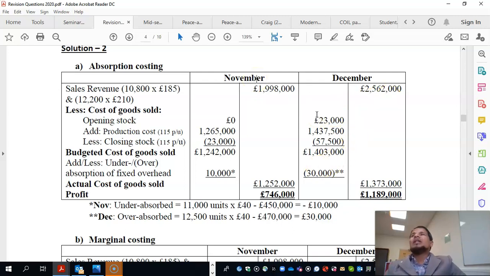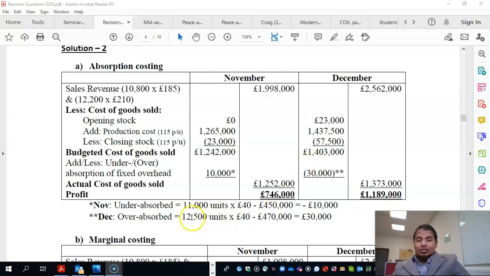In December, we produce more. Okay, actual production is 12,500, but our budget was 12,000. Okay, budget was 12,000. So we produced more 500 units, that is over absorbed.